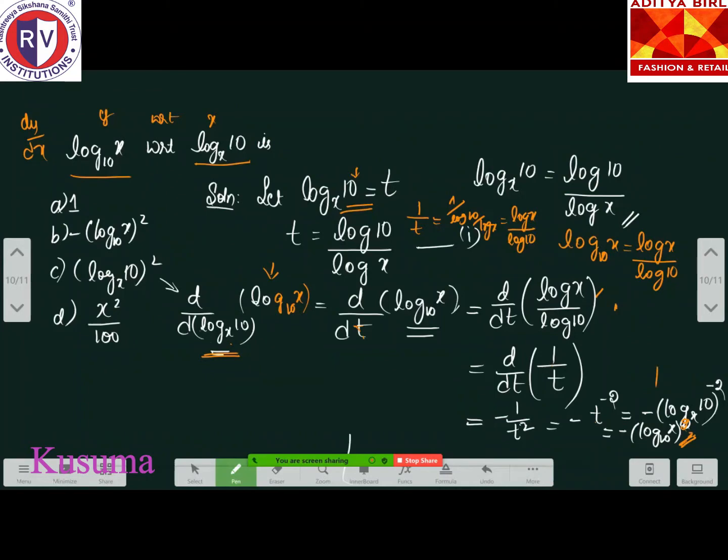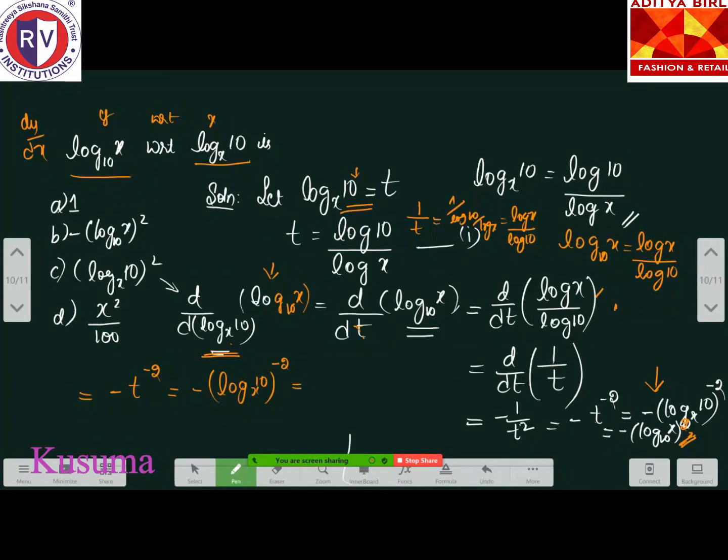You understood this one? How we wrote this one? Last step. So I'll write it here. Minus t to the power of minus 2 is there, which is minus log 10 to base x to the power minus 2, right?